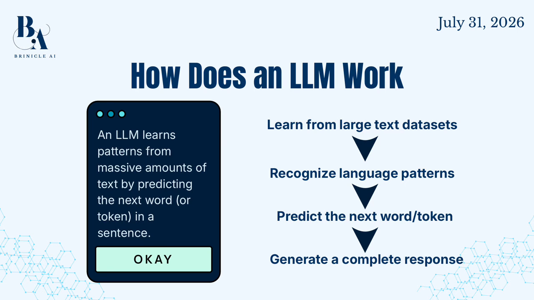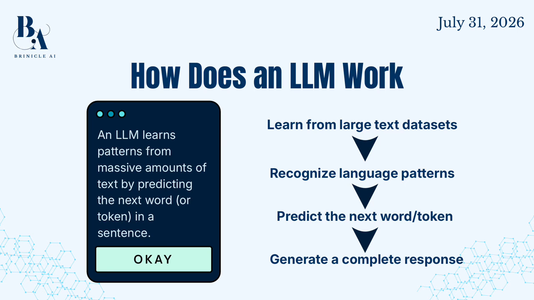During training, the model is shown part of a sentence and asked to predict the next token. At first, its predictions are mostly incorrect. After each prediction, it compares its answer with the correct one and adjusts its internal parameters to improve. This process is repeated billions of times across billions of examples.